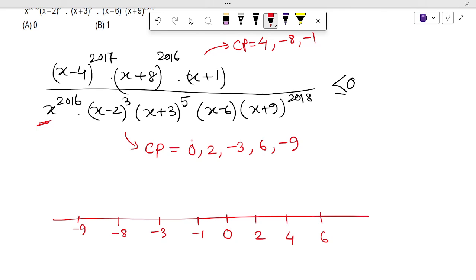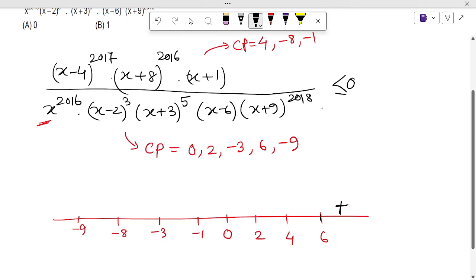Now you need to check the sign of the expression in every section. But there is a trick for that. In this part where x is greater than 6, the sign of the expression will be positive. Now you need to check at 6.